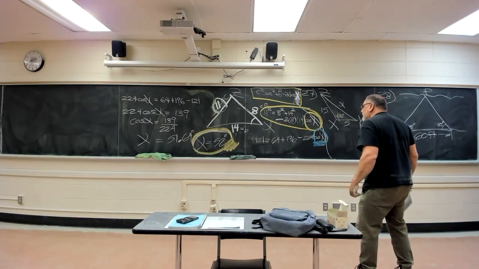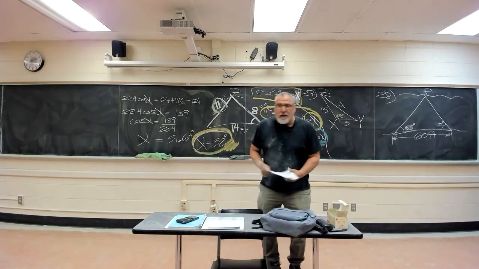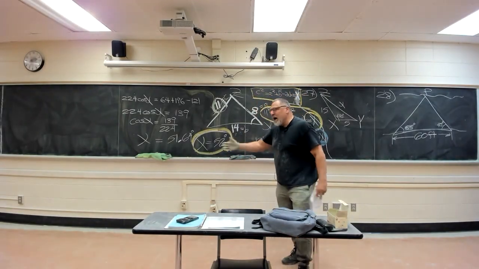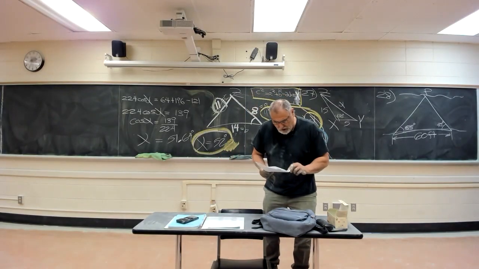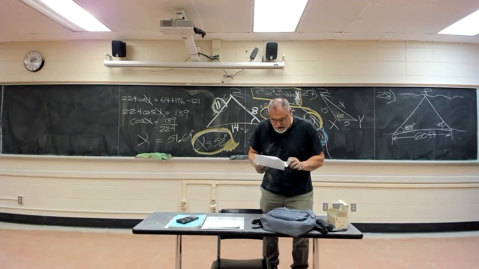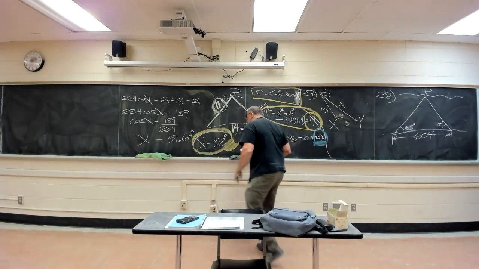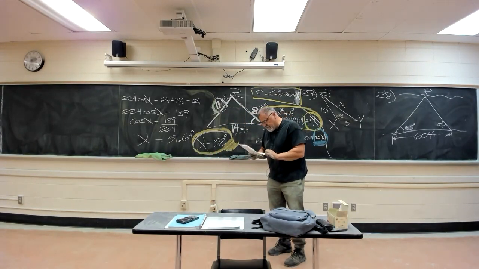Wow, it takes a little bit out of you. You'll have an easier time doing it with pencil and paper than running across 30 feet of a classroom to do it. There's two different challenges in regard to that. But I think you're going to be fine. Again, X is 51.64 or thereabouts. They're rounding it to the nearest degree, so it's 52 degrees, and that's good enough for me.